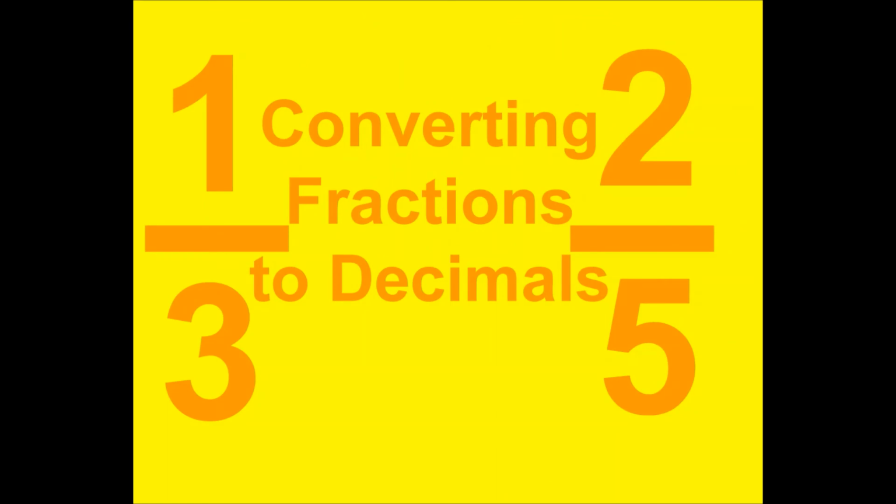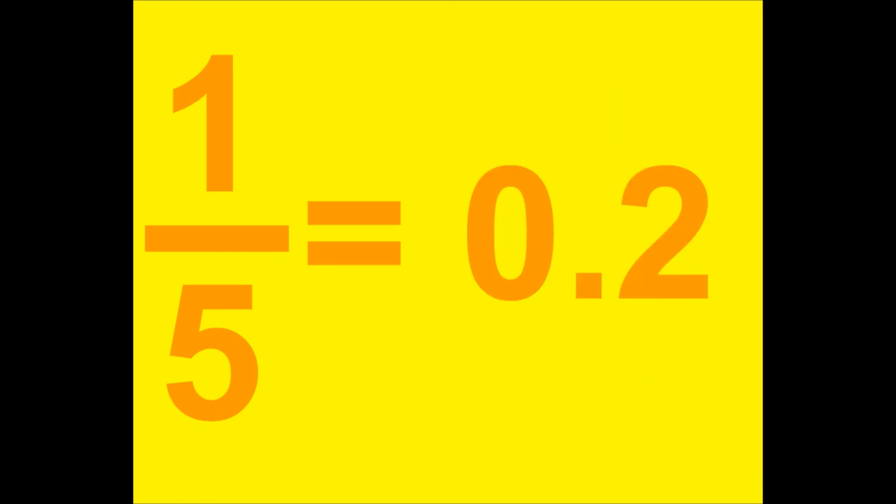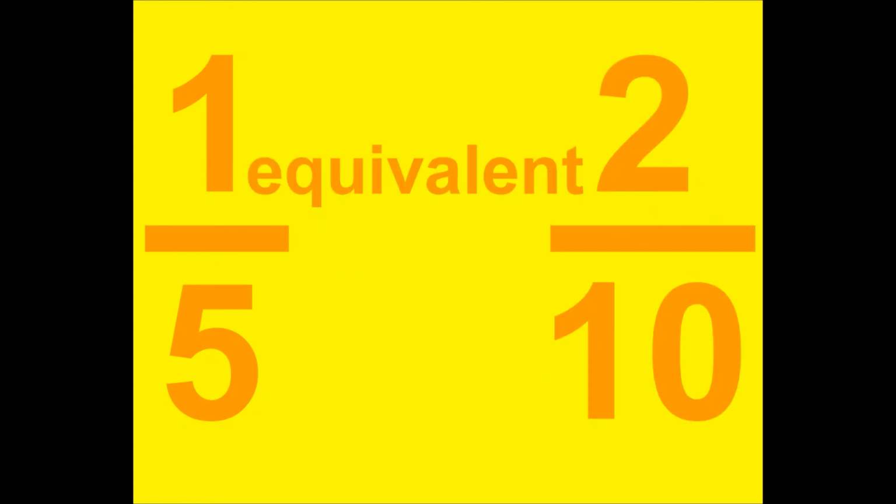Now, let's convert other fractions to decimals. Say the decimal of the fraction before I do. Remember to use a calculator for the hard part. One-fifth. 0.2. Because 1/5 and 2/10 are equivalent fractions. 3/4. 0.75.